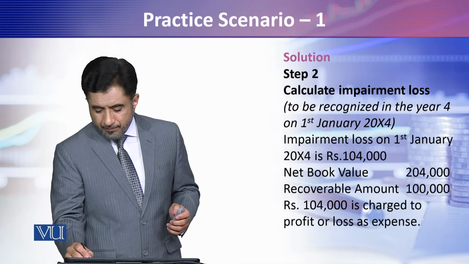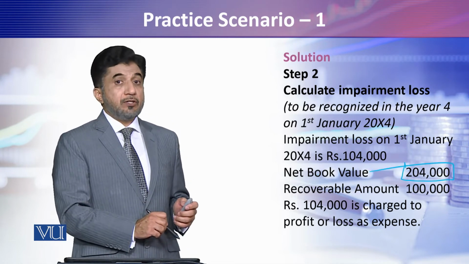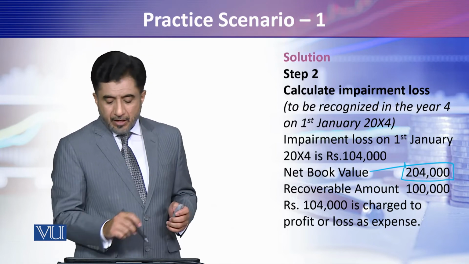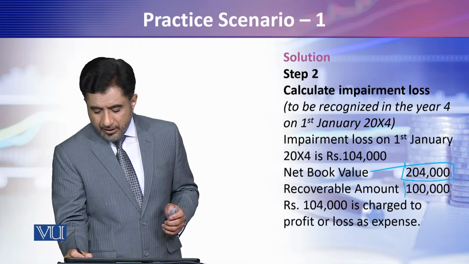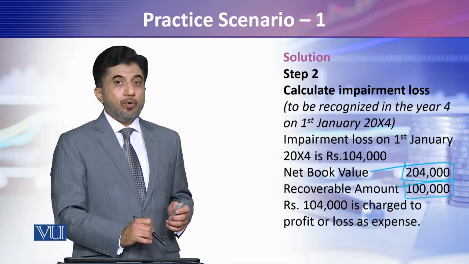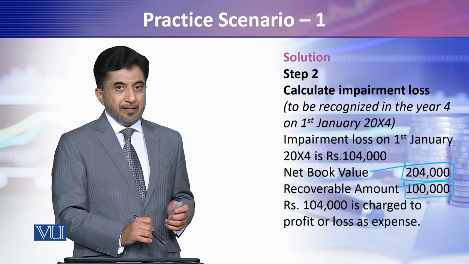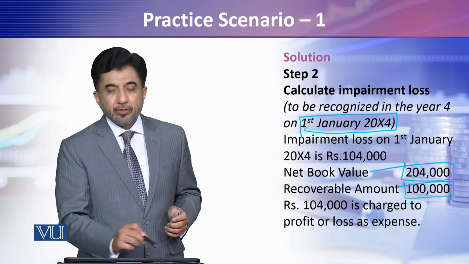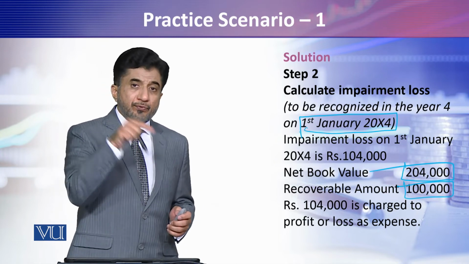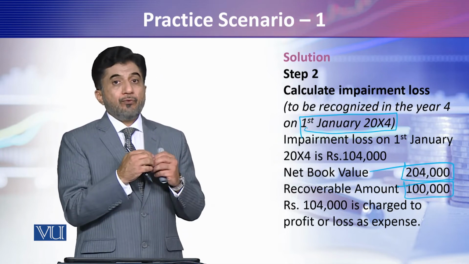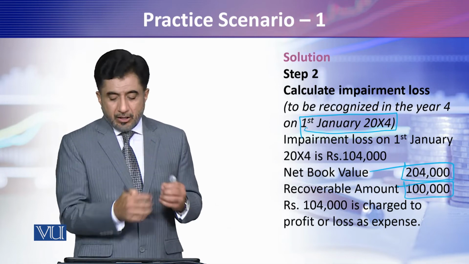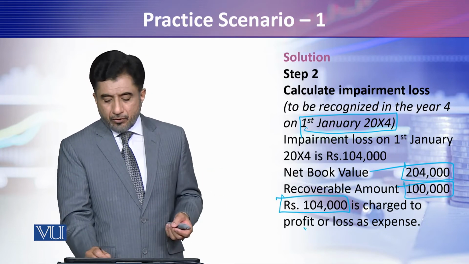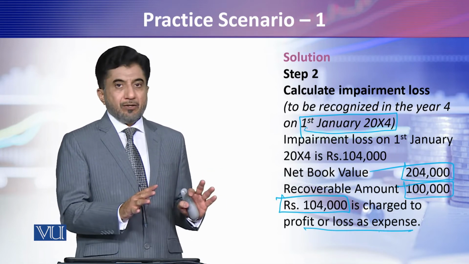Its carrying amount is 204,000 on 1st of January 20x4, whereas its recoverable amount provided in the scenario is 100,000. Remember, the date is very important, which is 1st January 20x4. So on this date we have sustained a loss of 104,000, which is to be charged to the profit or loss account as an impairment loss.